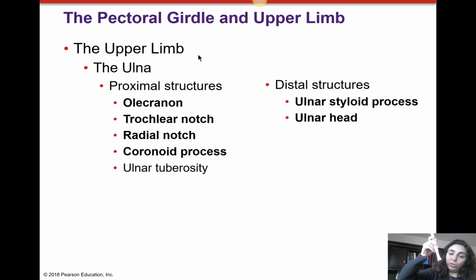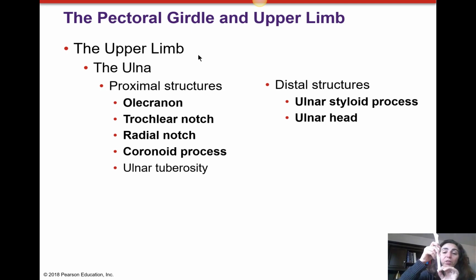And for the distal structures, we call this end of the ulna the head of the ulna. So the head of the ulna, as you see, is not this part, it's not this C shape. This is the other side, which is smaller, but that's the head of the ulna, compared to the head of the radius, which is on the upper part of the radius.